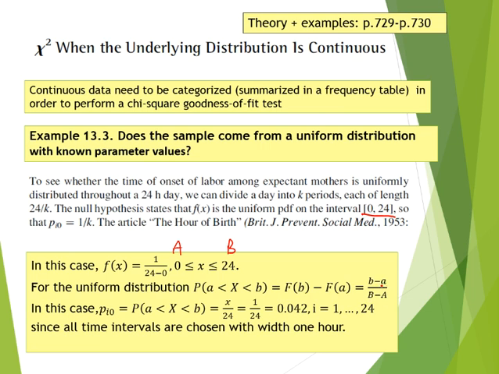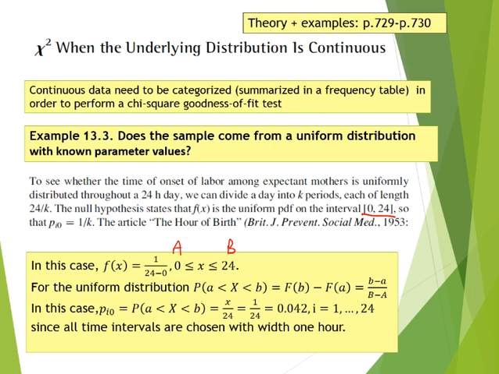In this case, because we're considering 1 hour periods in a 24-hour day, it's just 1 over 24. So if it's uniformly distributed over 24 hours, you can see that it will be 0.042, the probability of onset of labor within any given hour.